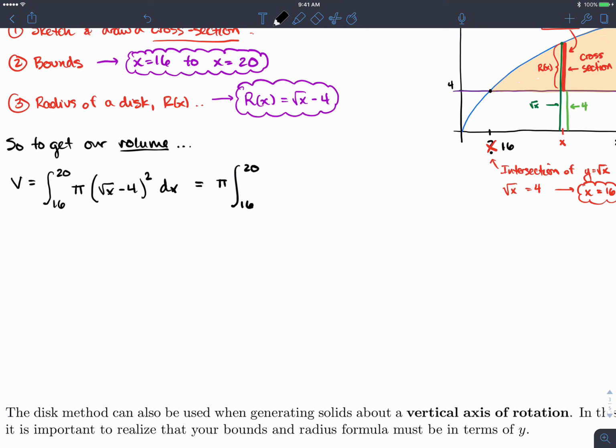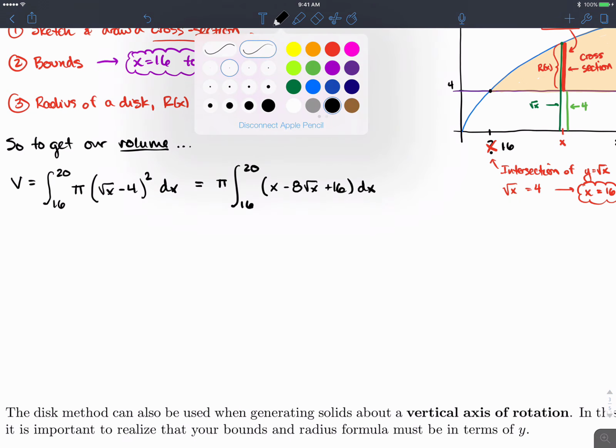So remember, what we're doing here is we're essentially multiplying square root of x minus 4 times square root of x minus 4, foiling if you're used to using that term. So if we multiplied all this out, we would have x minus 8 times the square root of x plus 16, integrated with respect to x, dx.